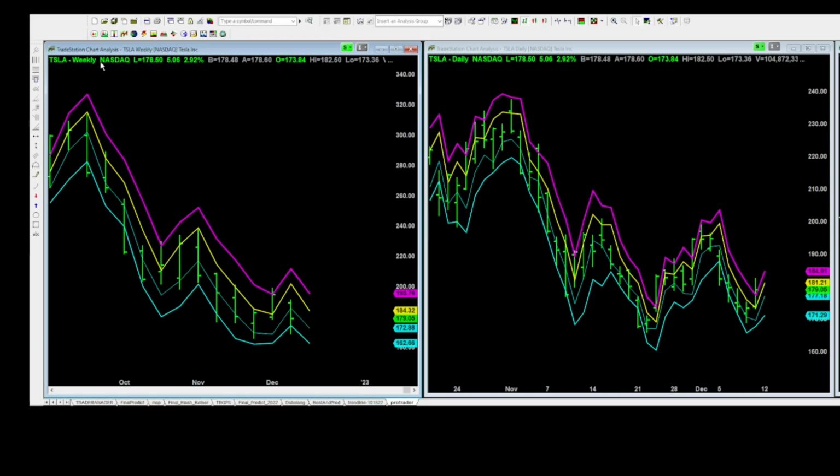So for next week, the Tesla stock price fluctuation range is expected to be in this range, between the weekly low of $162 and the weekly high of $184.